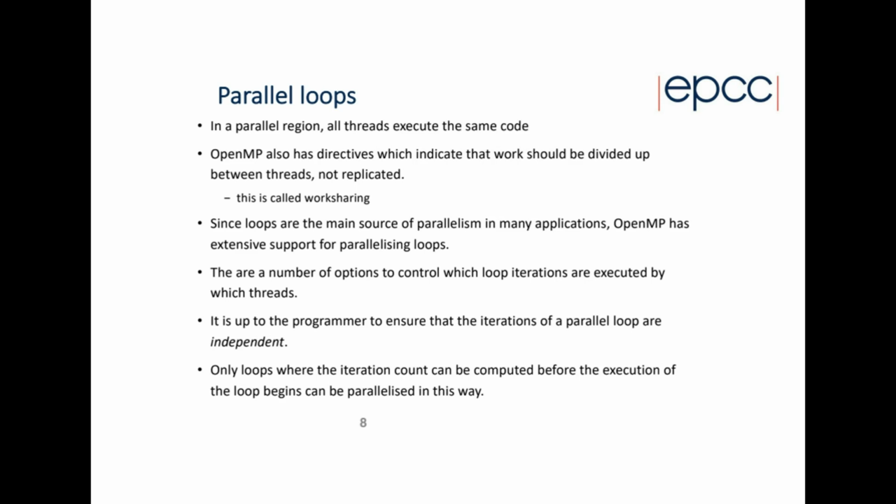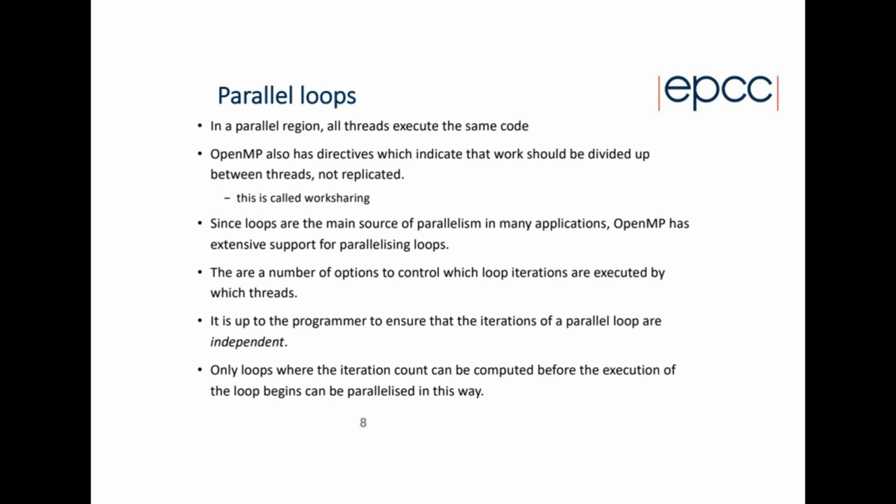That's because mostly what we want to do is parallelize loops. And so, although in a parallel region all threads execute the same code, OpenMP also has directives which indicate that work should be divided up between threads rather than replicated. The term that OpenMP uses for this is work sharing.